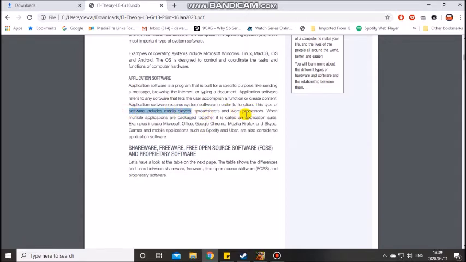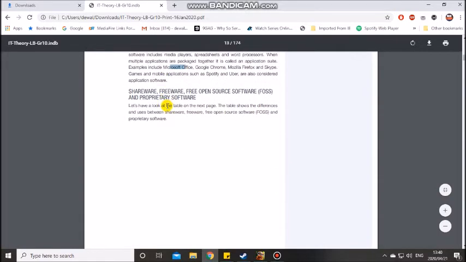Then what they also like to ask is, what is an application suite? That is basically when a group of programs are packaged together. If you look at Microsoft Office, you've got Word, Excel, Access, all those programs that come together.